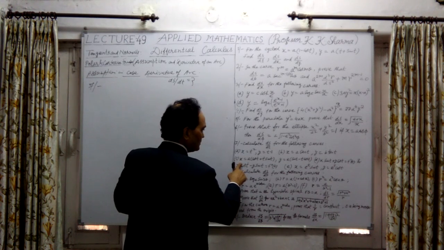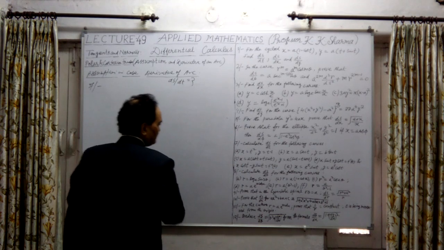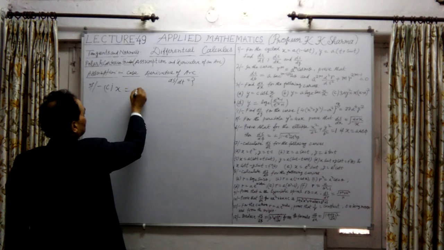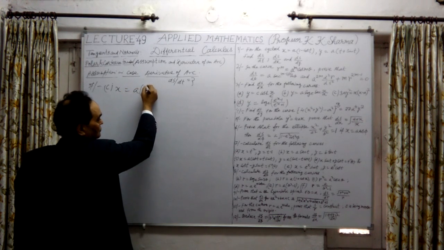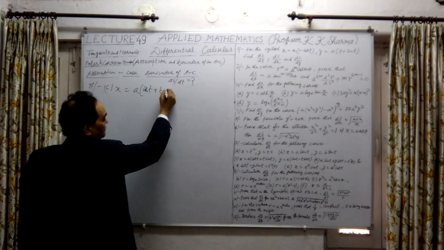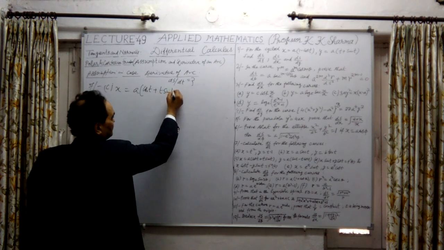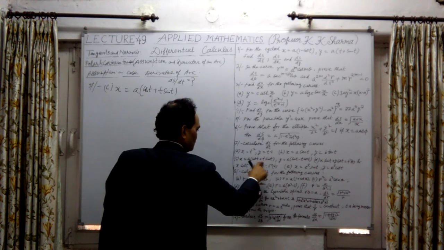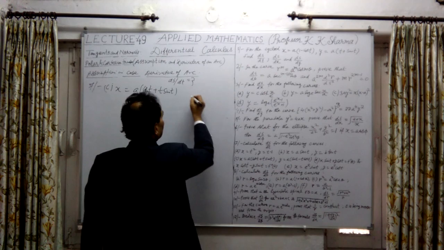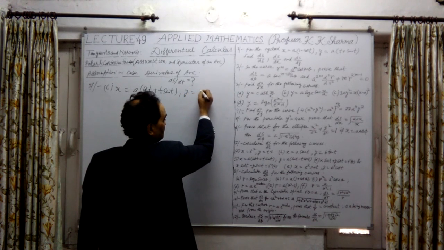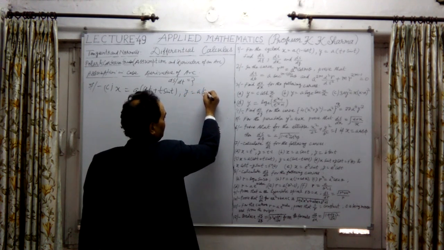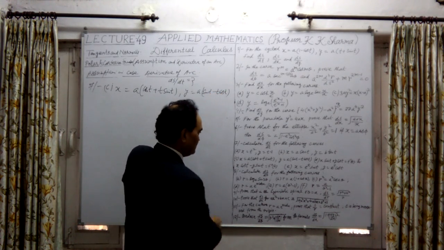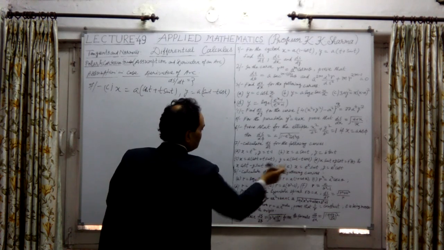C part is x equal to a into cos t plus t sin t, comma y is a into sin t minus t cos t. This is the value of y.